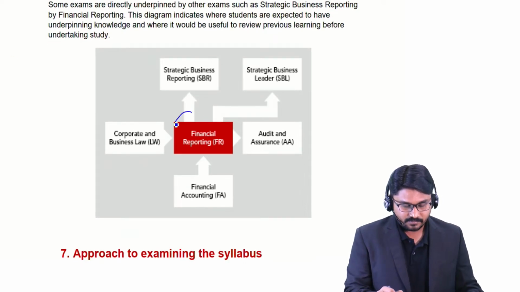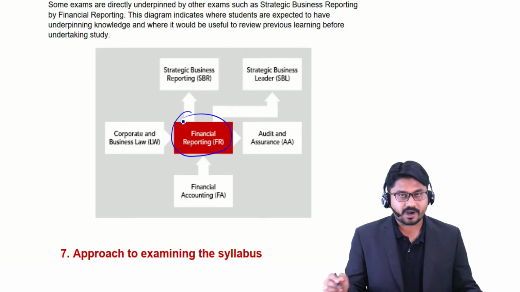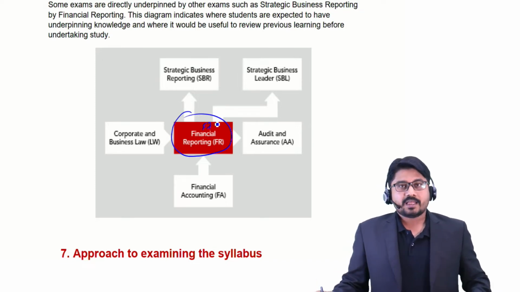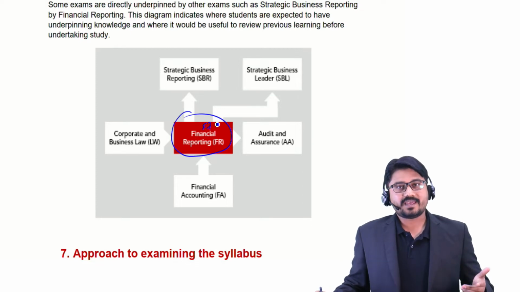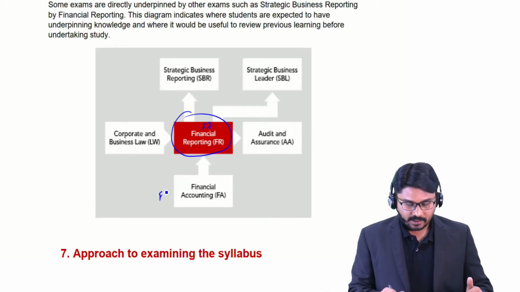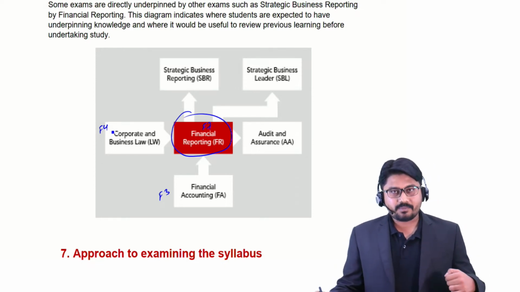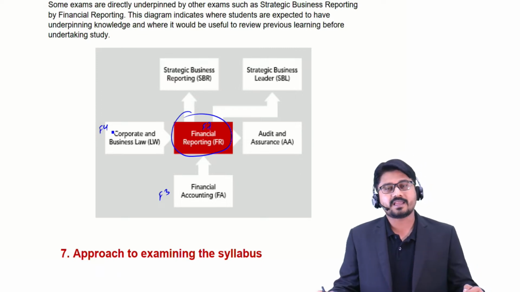If we discuss the FR paper, the old code is F7. The knowledge which you attain in F3 and F4 is helpful for studying FR.